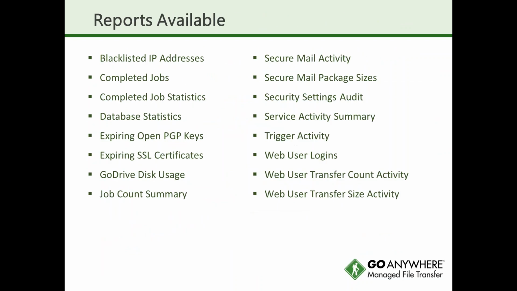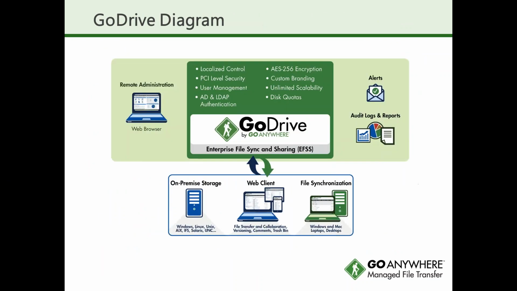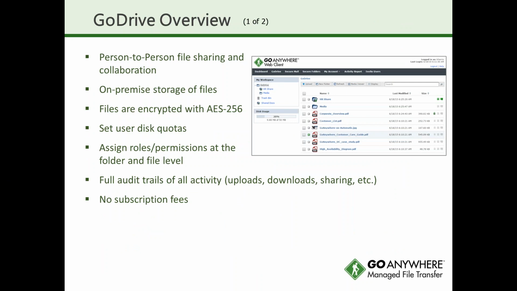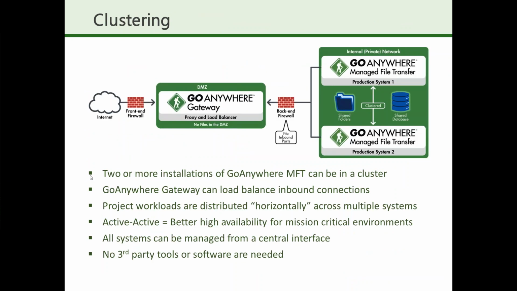Another thing I'd like to mention too is we have clustering, and I know we didn't really talk about that too much. So you can actually take two systems or more of GoAnywhere and put them together in a cluster, and they can talk to each other over this communications channel. They'll both be working off the same shared folder system, same shared database system, and so if one of those systems was to fail, the other systems in the cluster could continue to process transactions.